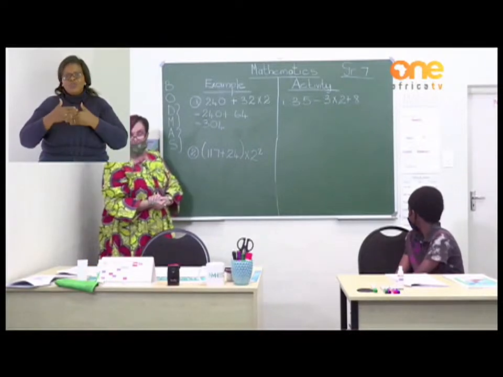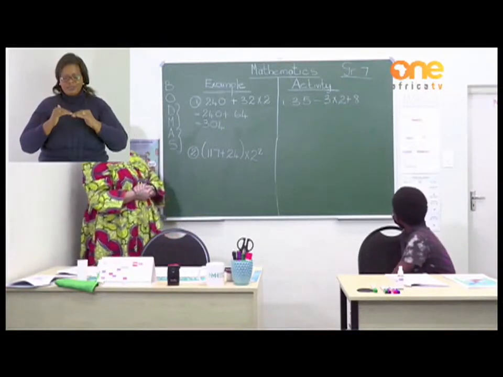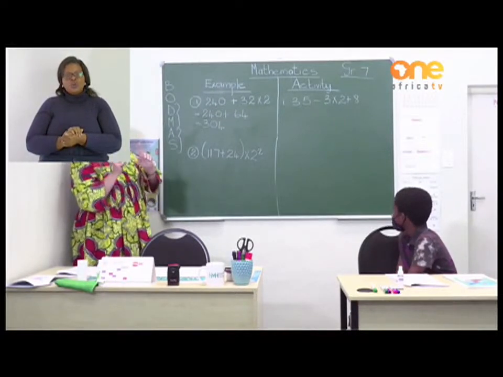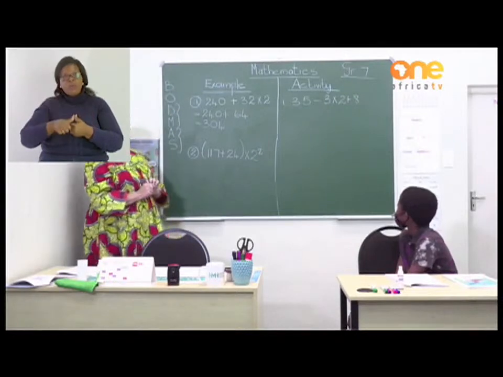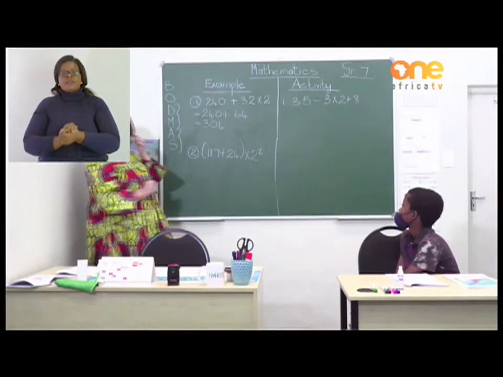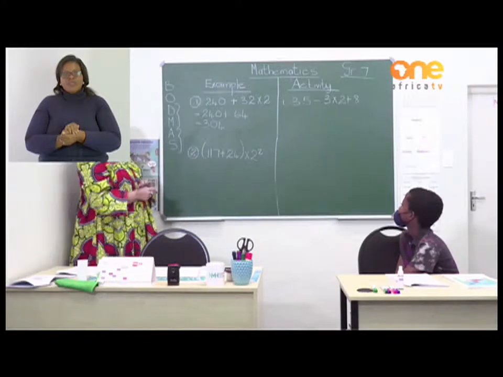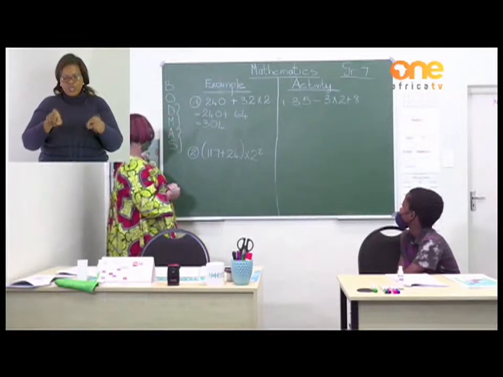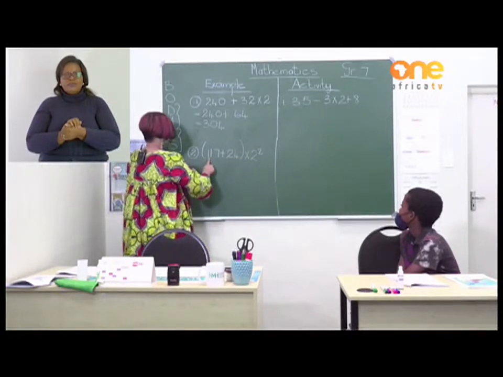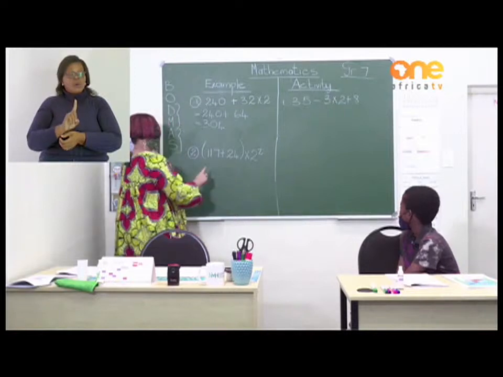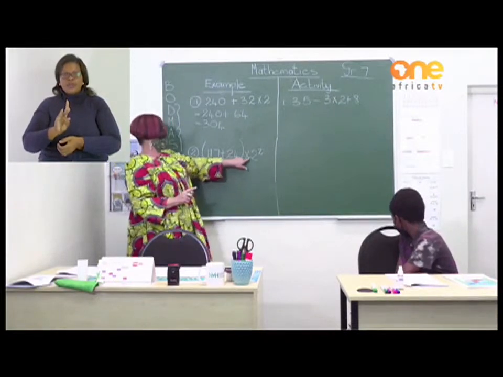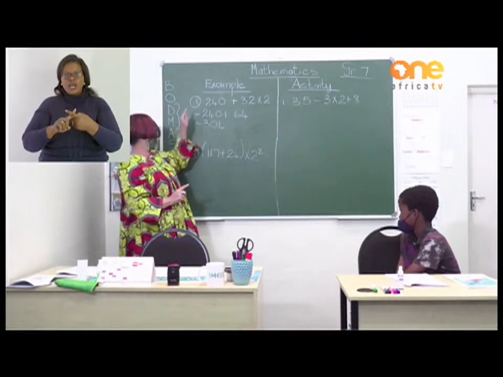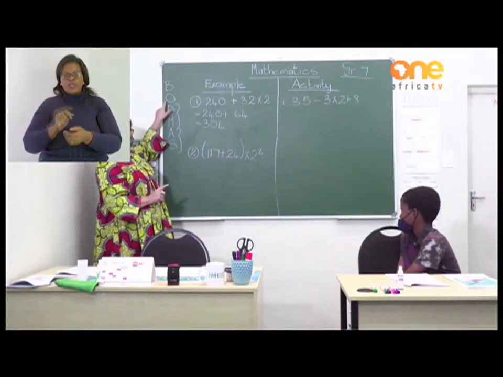I hope you found the answer before me. Thank you. All right, let's do our second example. Do you know what we are going to do first? Of course, brackets. In this sum, we have brackets, so we will do our brackets first. 117 plus 24 times 2 squared. 2 squared, which is order.